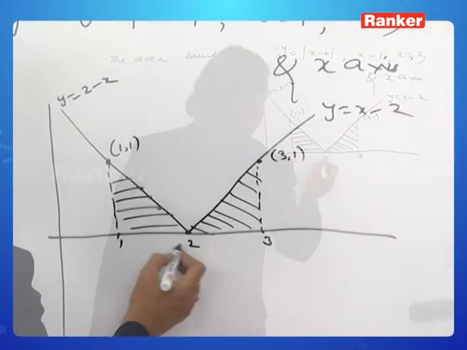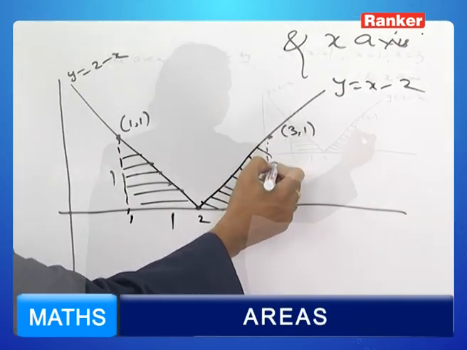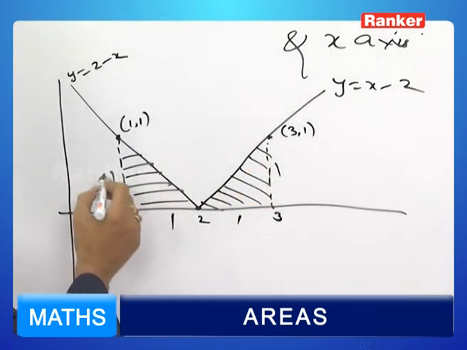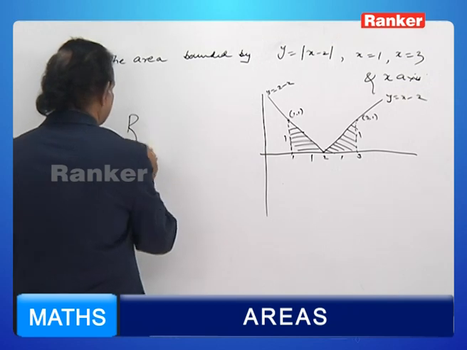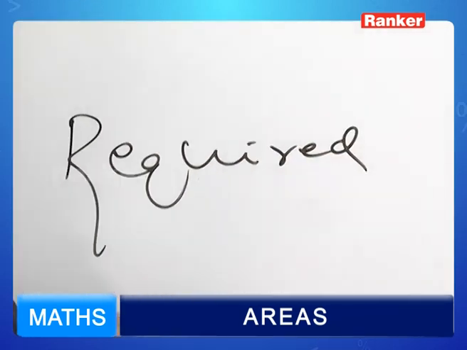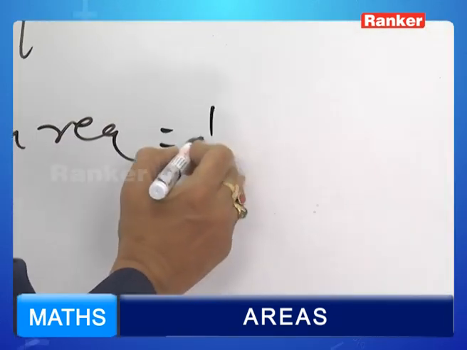Why? Because this distance is 1, this distance is 1, here it is 1. Distance is 1. Required area is equal to half into base into height, half into 1 into 1.